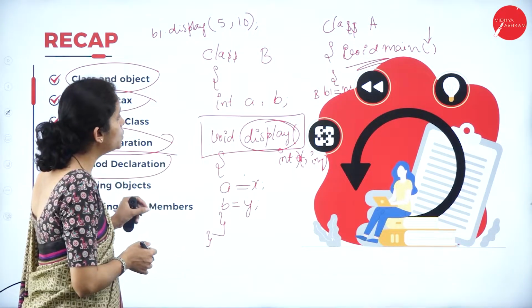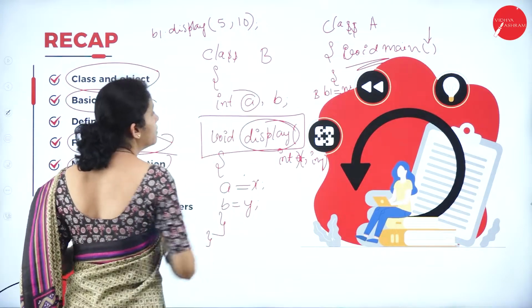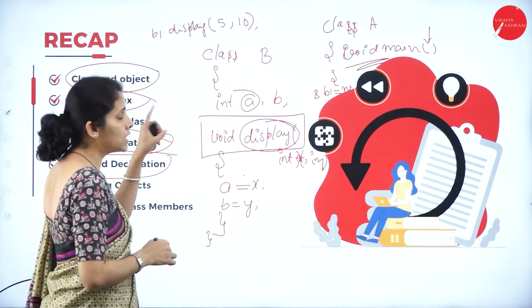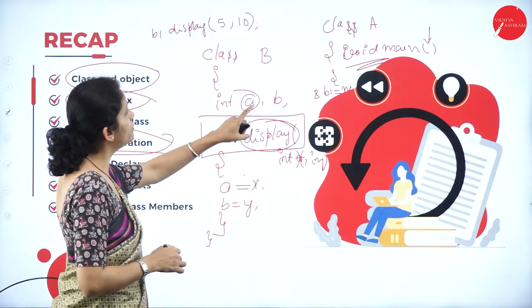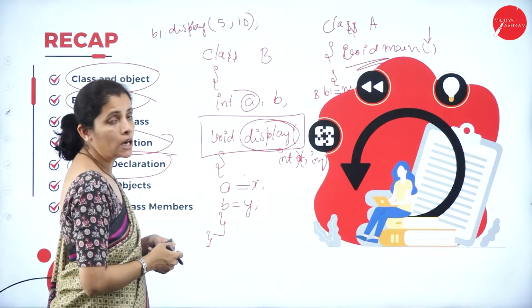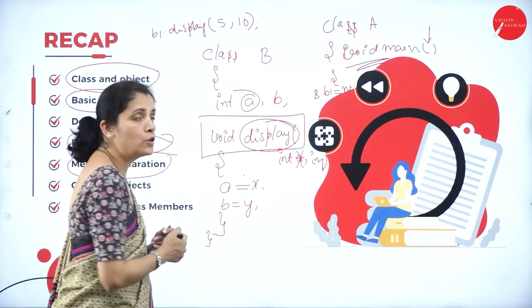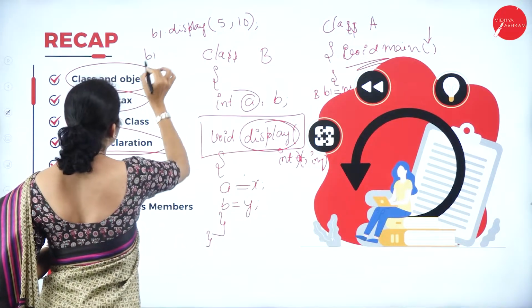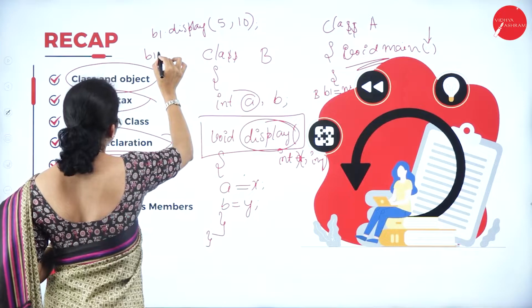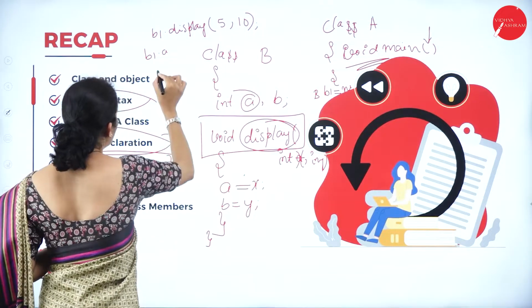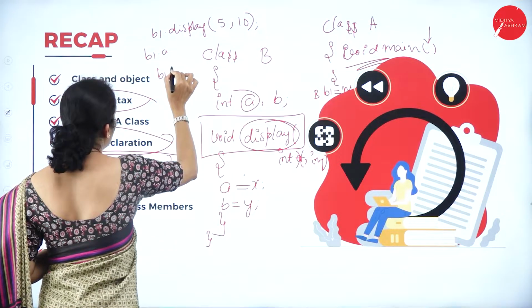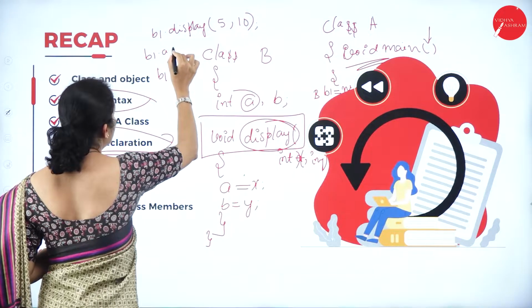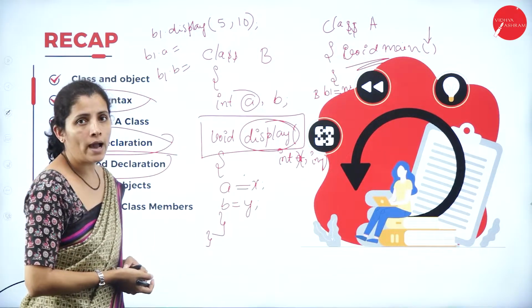Suppose I want to access the fields within the class. These are the two fields present in the class B. How do I access them? Once again with the help of the object, that is b1.a or b1.b, and I can even assign a value.